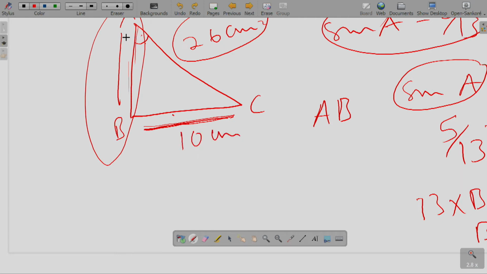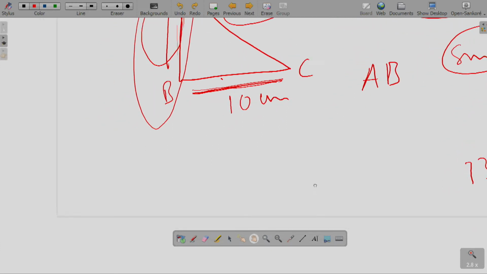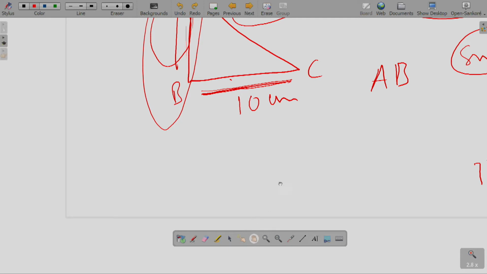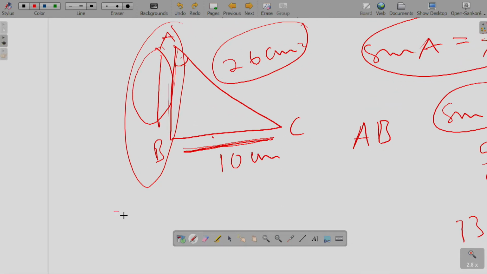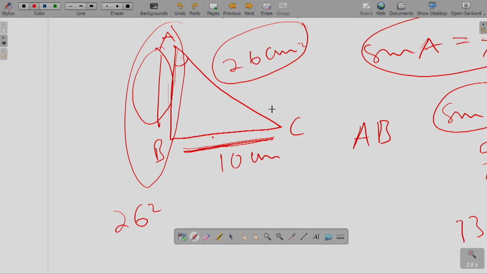Now we can find the length AB by using Pythagoras theorem. 26 is the hypotenuse. So 26 square is equal to 10 square plus length AB square.